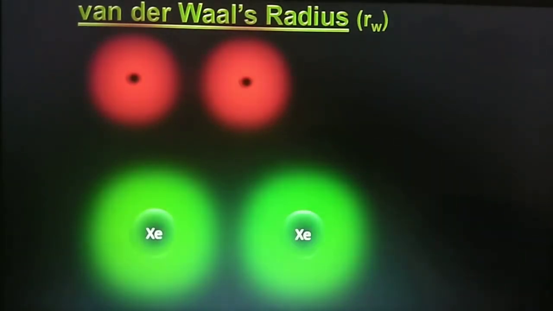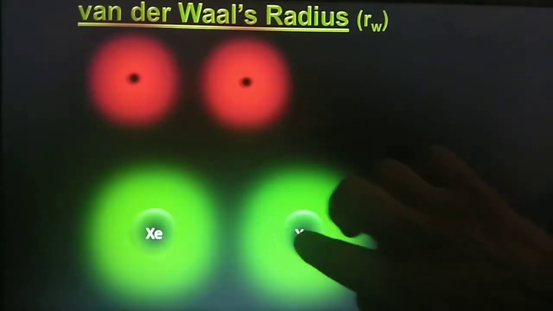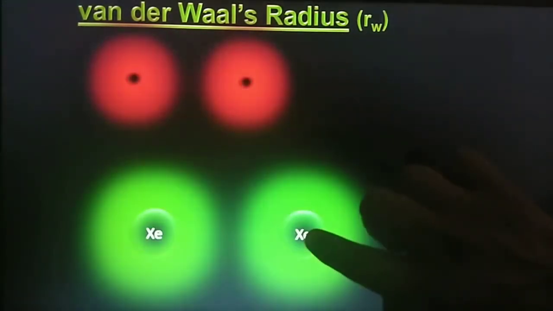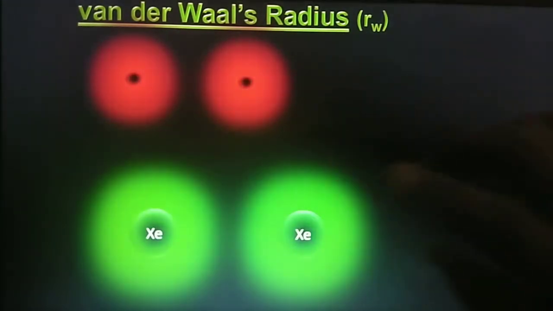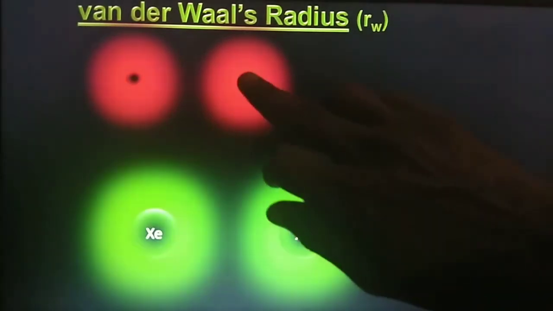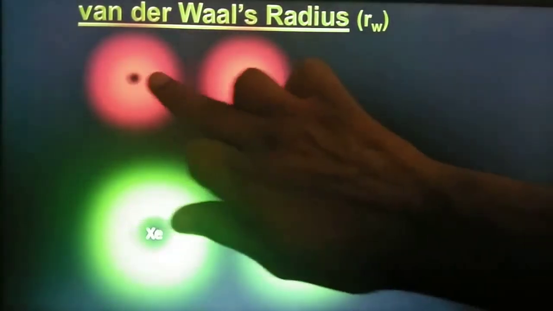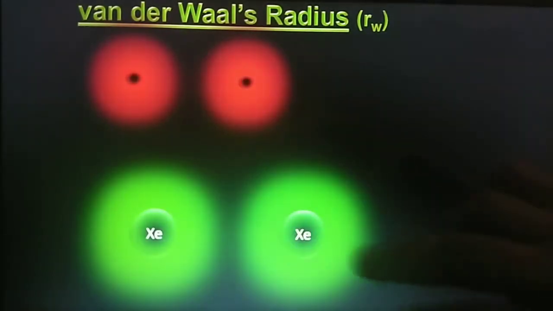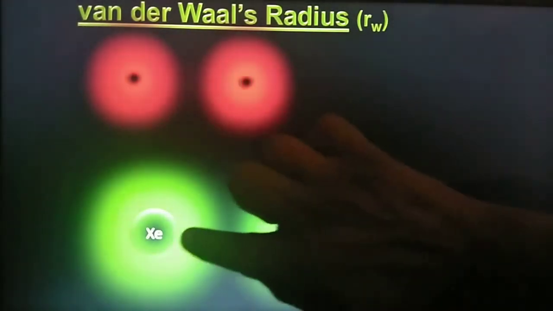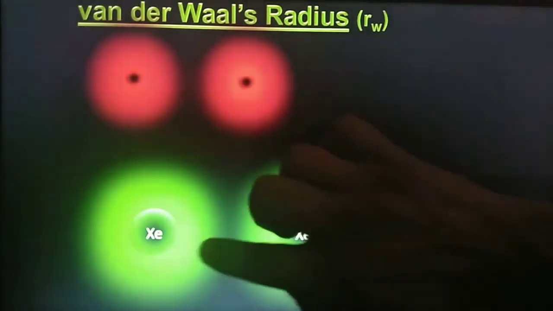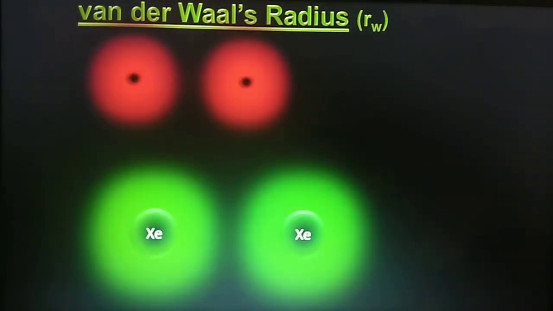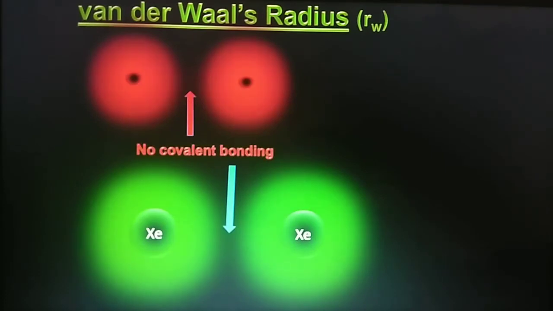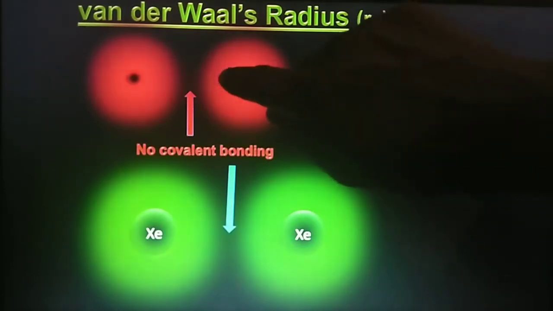And these are also not called molecules. So keep in mind that the atoms have just approached each other, but there is no sharing of electrons, no covalent bonding between them. However, the bonding which you observe is a very weak bonding.